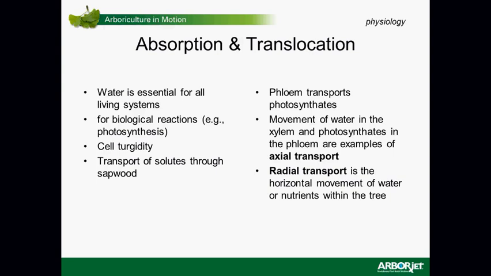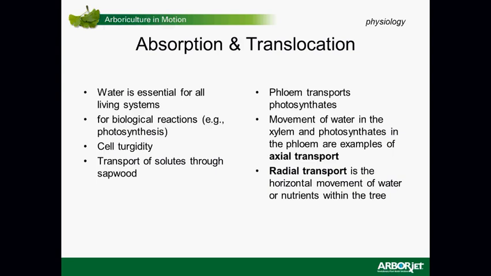It's how plants get essential minerals for metabolism and growth. Phloem transports photosynthates. What are photosynthates? Photosynthates are the carbohydrates or sugars produced by the green parts of the plant that contain chlorophyll.